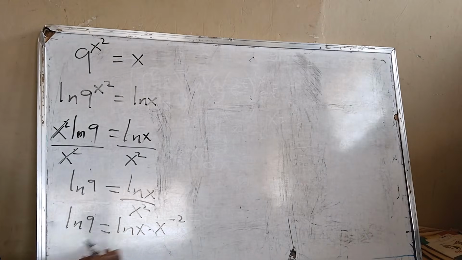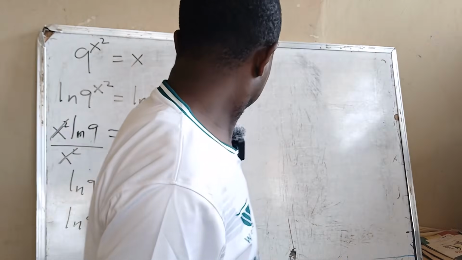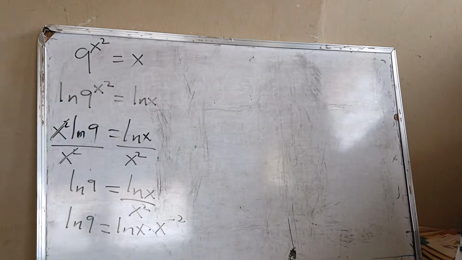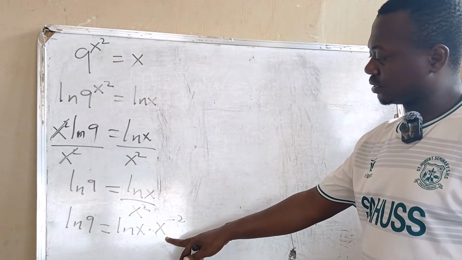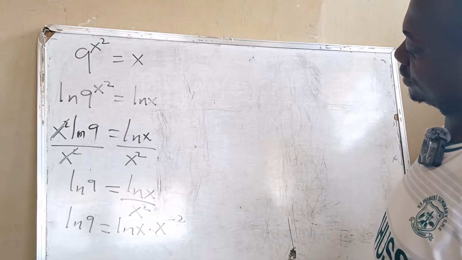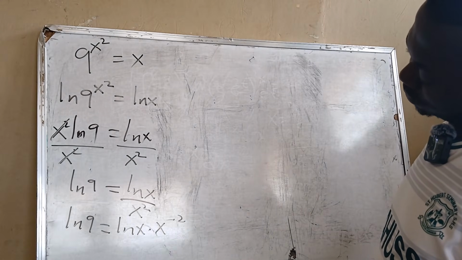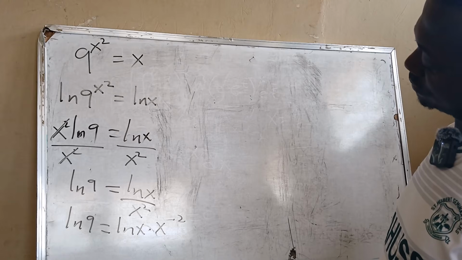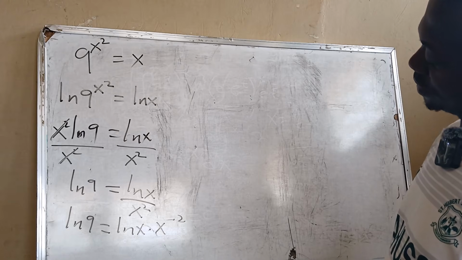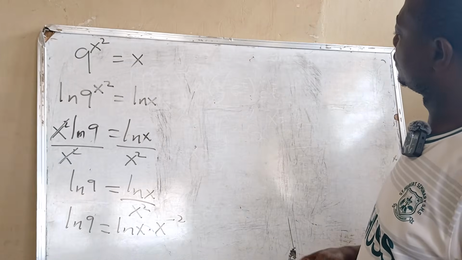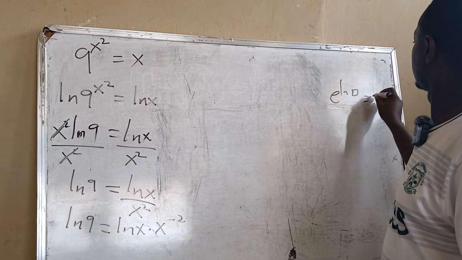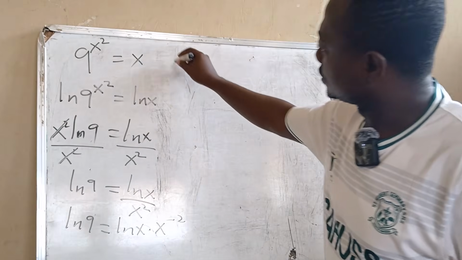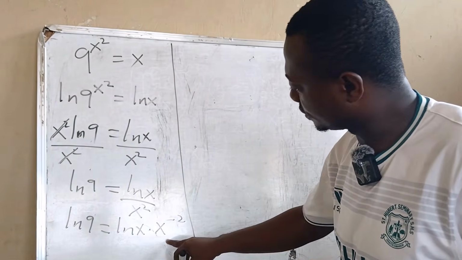In a linear form, that is how it's supposed to be. Now, we have this one here. Perfect. Now, what we are going to do here is very simple. So remember, I said e raised to ln of box is the same as box.